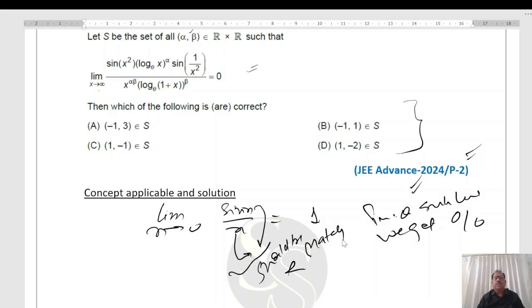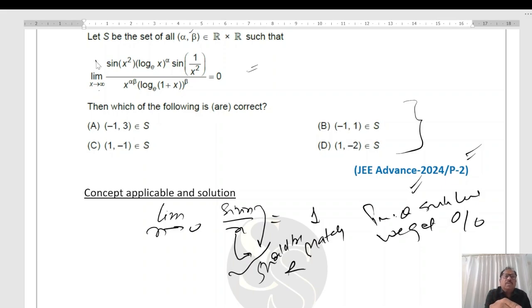Now in this case, if we put the limit sin of 1 by x square, this becomes 0. If we multiply and divide by 1 by x square, so this will become 1 by x square, this will become 1, right?